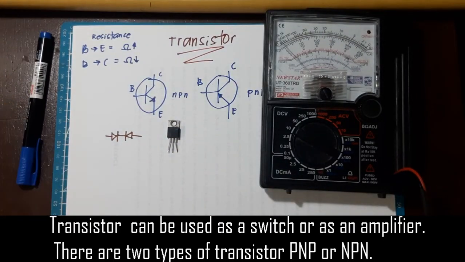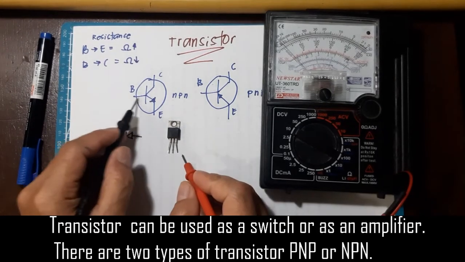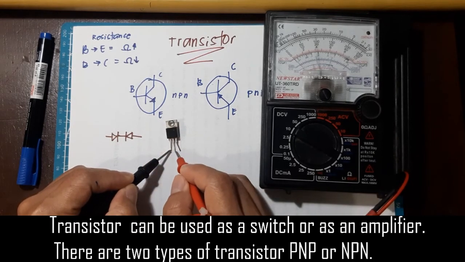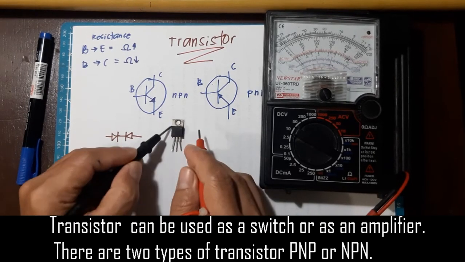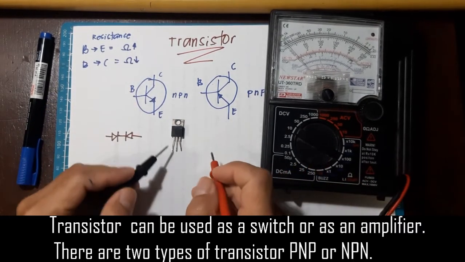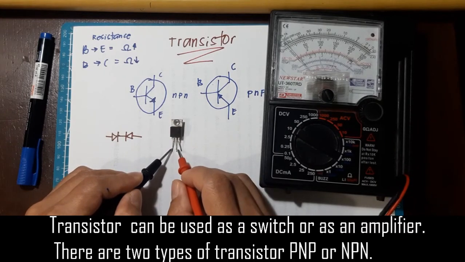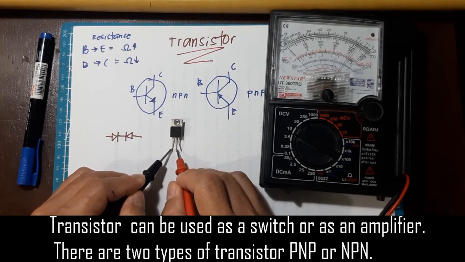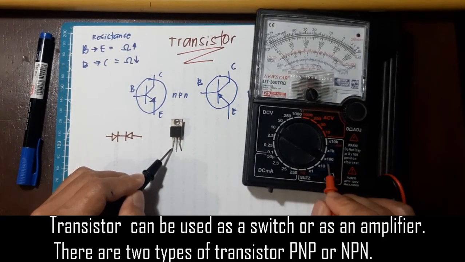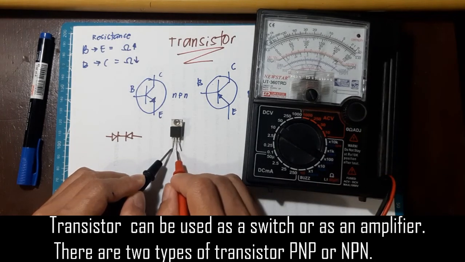Let's analyze again. If this is their common, which is my base, I'm suspecting that this is my base now. I'm reading two different resistance values here, slightly different from one another. Since I'm in the scale of multiplier of 100, that gives me about 400, maybe 450.